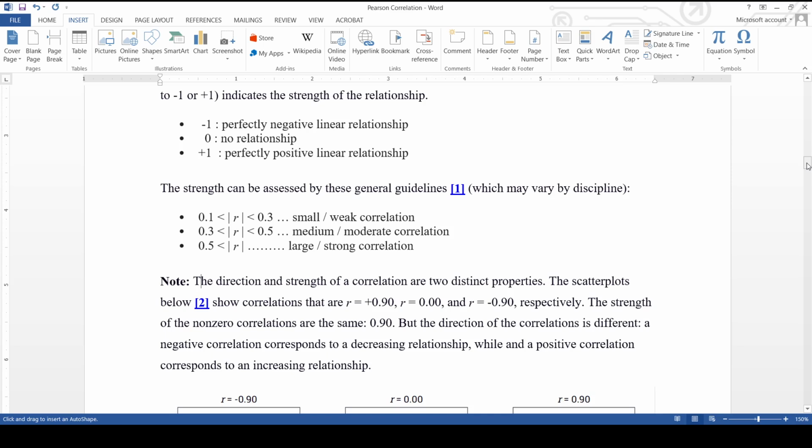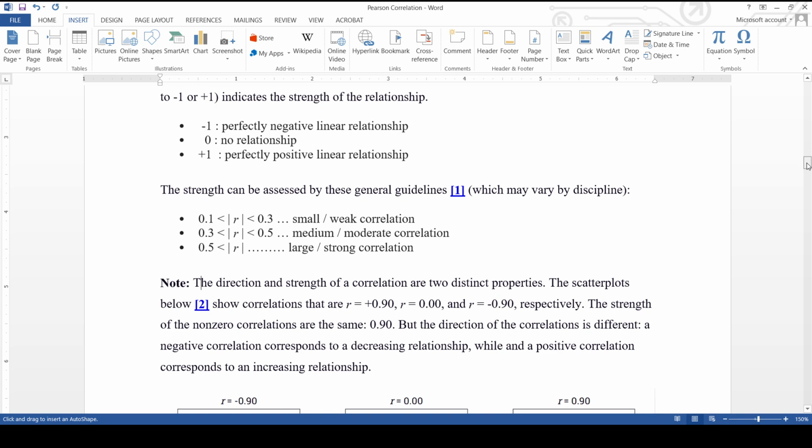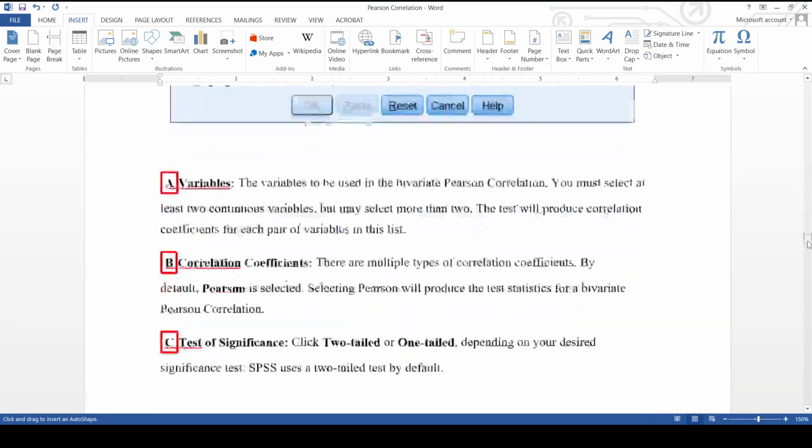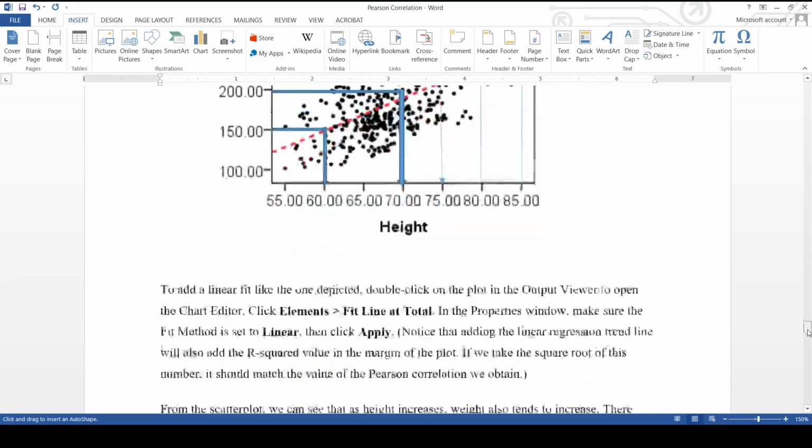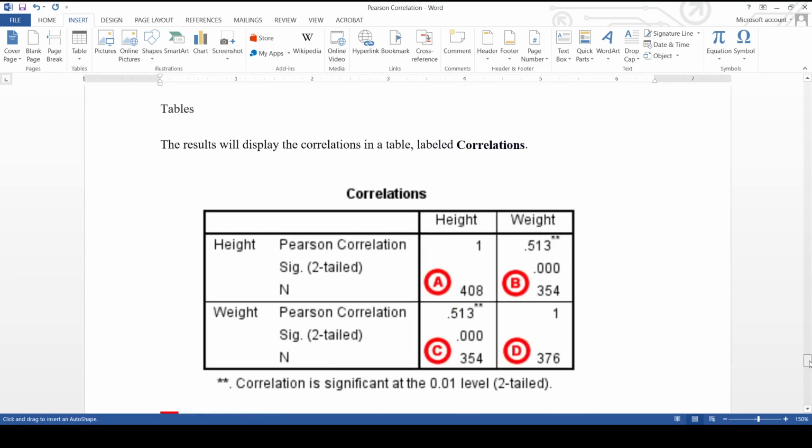Ours is 0.513, which shows a positive linear relationship, but the magnitude is moderate. Above 0.5, you can say it's a strong relationship. If it is 0.7, 0.8 or 0.9, then it is very strong, a strong linear relationship.